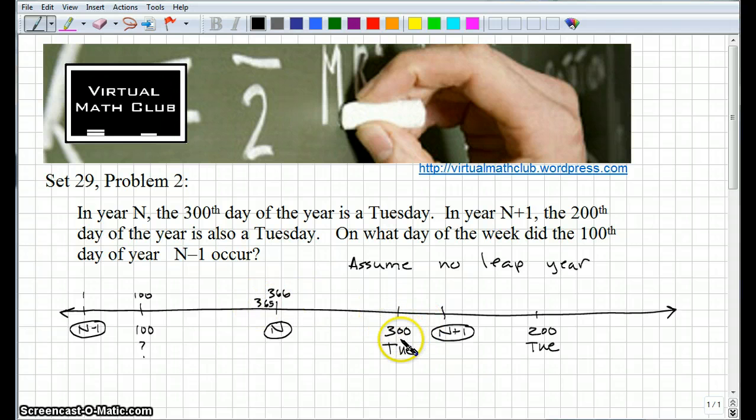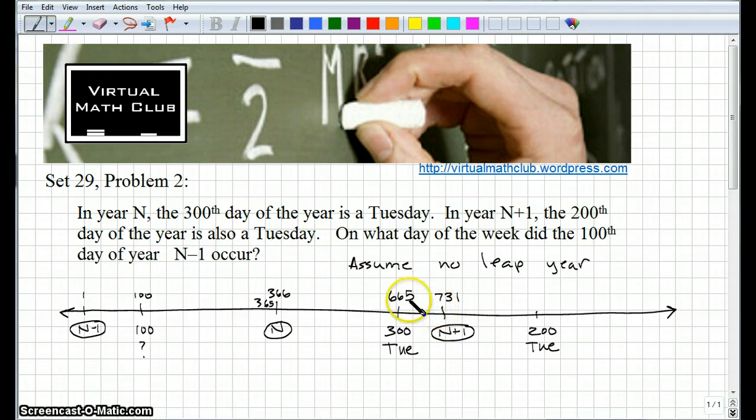So day 300 of year n, if we measure it from day 1 of year n minus 1, is going to be 665, right? And then the first day of year n plus 1 is going to be 731.